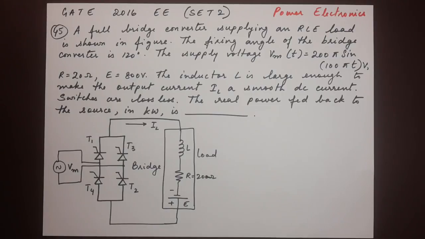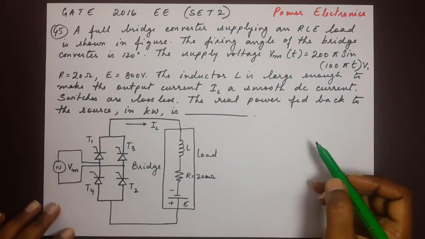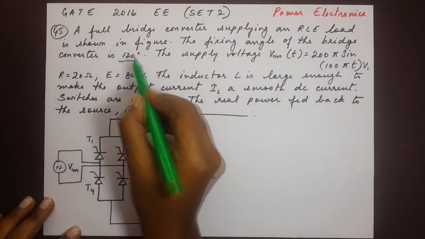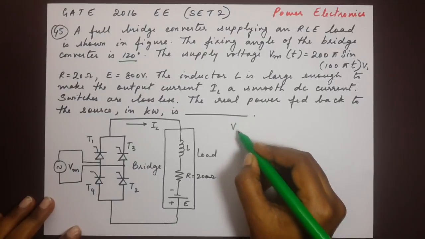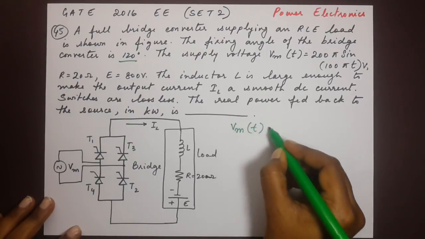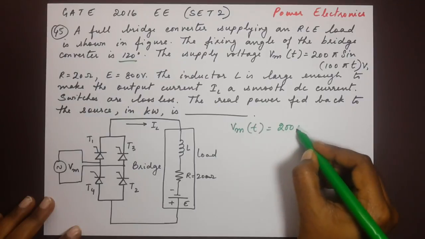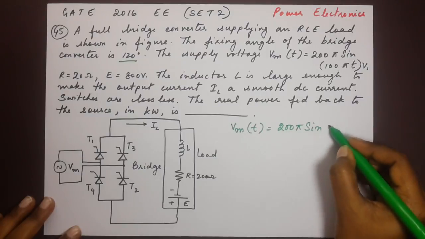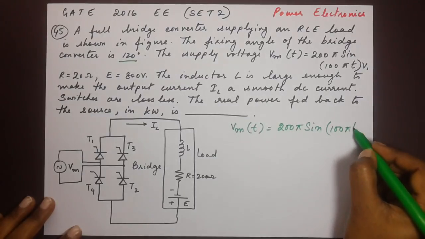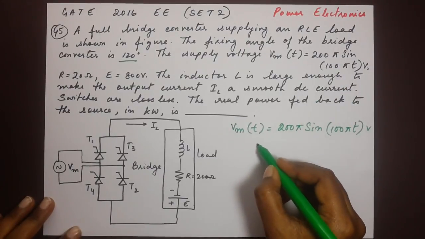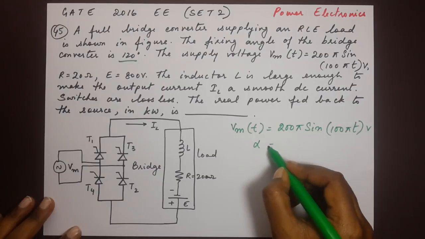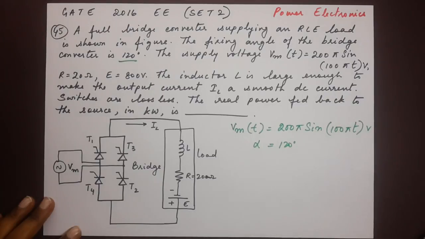Okay, this is not a multiple choice question, so let's work it out. We have been given a couple of things. Let's write that down. We have the supply voltage Vm of t, which is 200 pi sine of 100 pi t volts. We have alpha, which is the firing angle, given to us as 120 degrees.